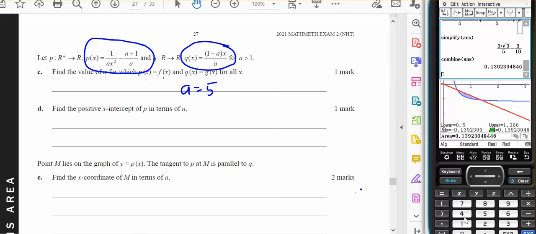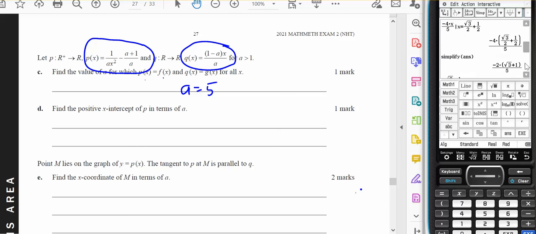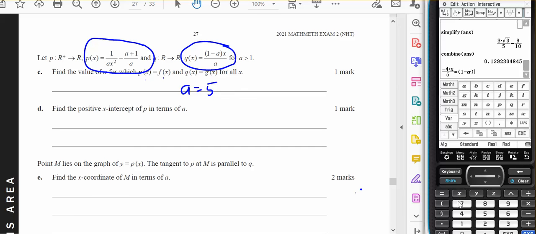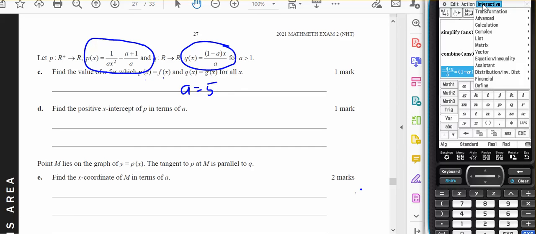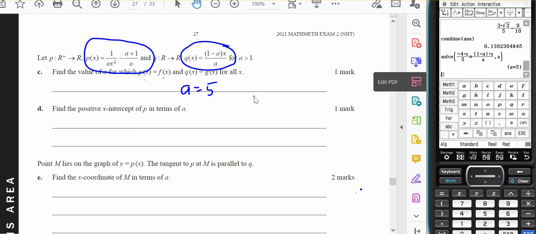So I could say copy, paste, that equals this, which is bracket 1 minus variable A close bracket x divided by a, and I want to solve it for a. And a equals 5. Beautiful.